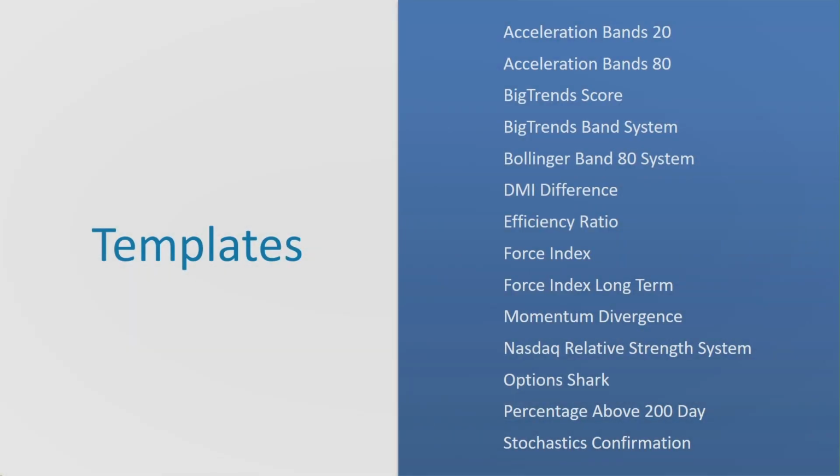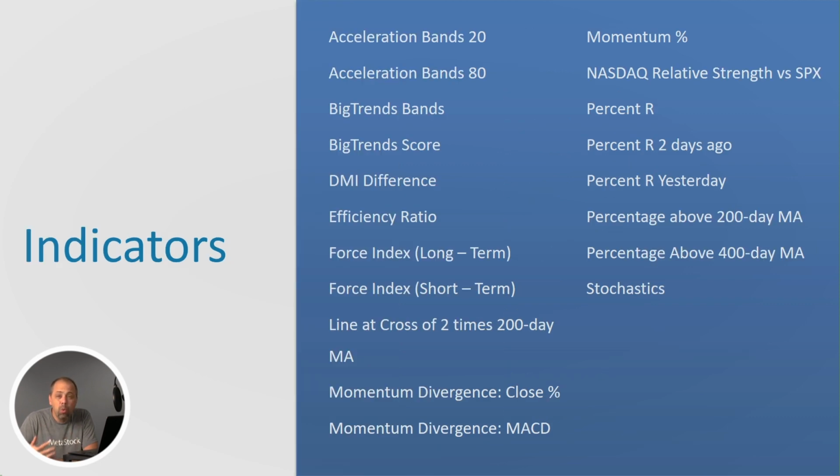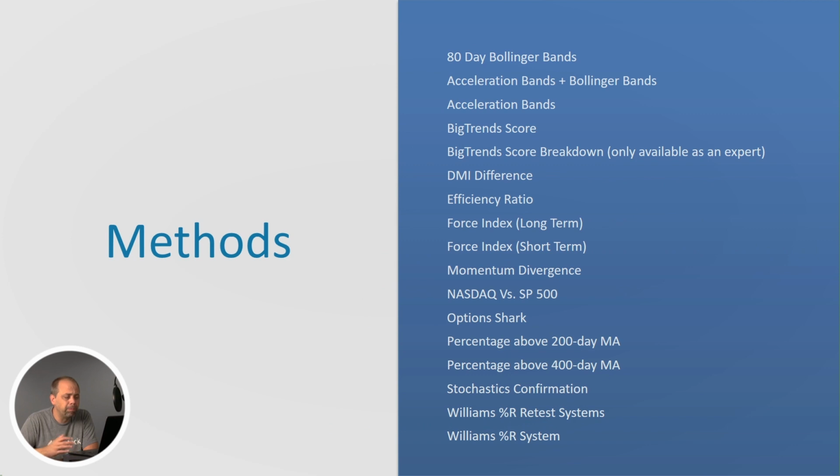I want to let you know we've made some pretty impressive improvements to version 3, which I'm going to talk about. But all of the systems, indicators, and templates that made the first 2 versions are still included in the program. Not only are they included, we went in and revised them quite a bit. All in all, there's about 14 systems, quite a number of indicators, and a total of 14 methodologies that you can implement into the market.